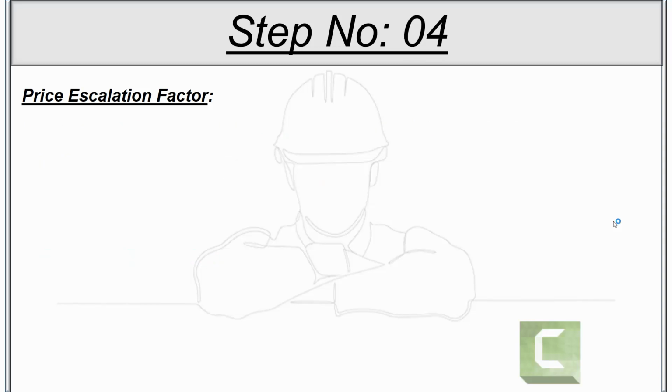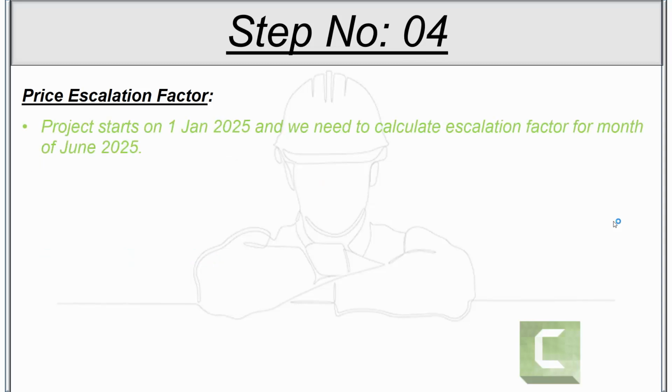Let's take the random project discussed earlier, whose coefficients were determined. Maybe the project starts on 1st January 2025 and we need the escalation factor for June 2025. So what will we do? We will collect the June 2025 rates.